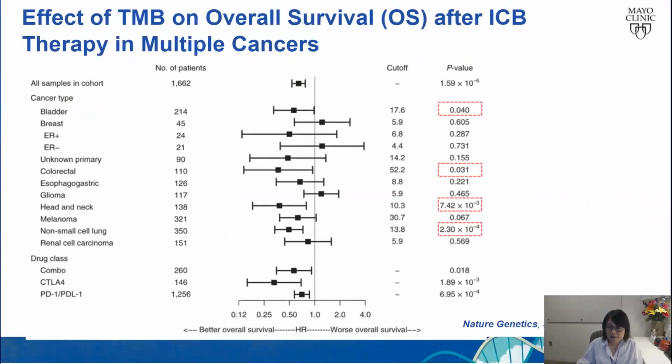This Nature Genetics paper from 2019 showed that higher TMB predicts better overall survival after ICV therapy in multiple cancers, highlighted in red boxes, but not in breast cancer, pointed to by the red arrow.